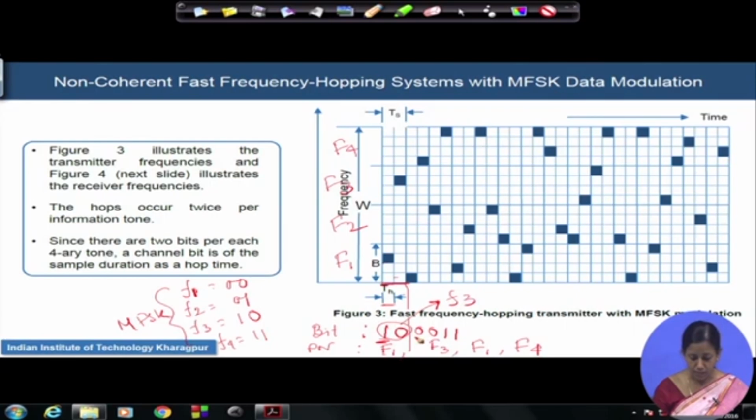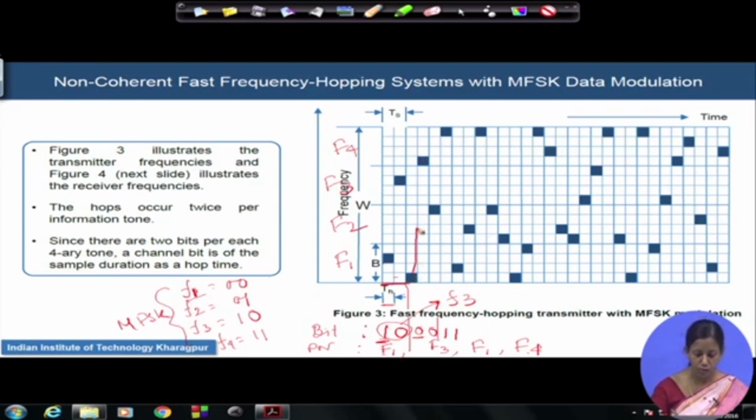Next was 0 0, and for 0 0 we understand that we have to select MFSK tone 1. So, we selected tone 1, and we tried to see where the channel is. The channel was F1. When the beat came to the 4th one, it was again 0, that means the same tone will be there, but the channel suddenly changed to 4. So, keep the same tone, just change the channel.